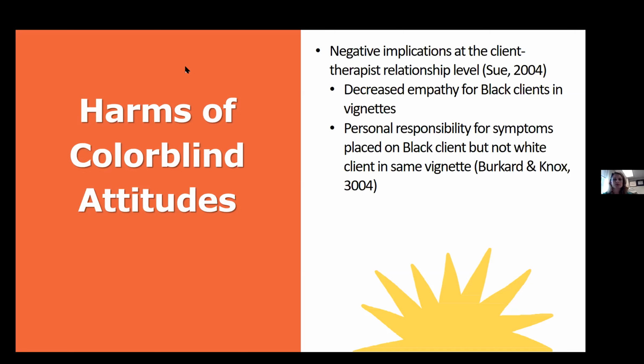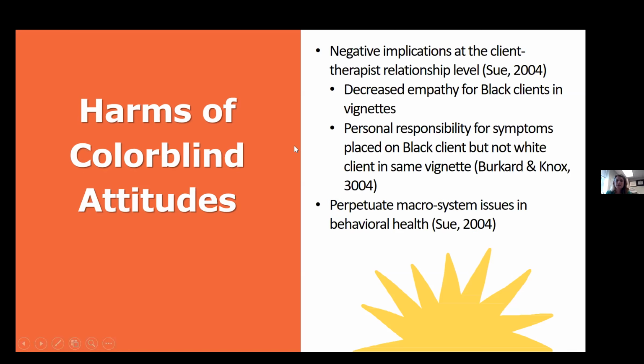So essentially, blaming someone for their own behavioral health disorder and symptoms in a race-based pattern. So the idea is that all the way down on the continuum, colorblind attitudes can be really harmful and, I would argue, should be screened for when it comes to putting people in helping positions where they're expected to interact with multiracial folks.